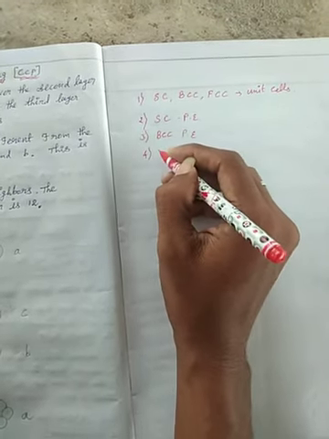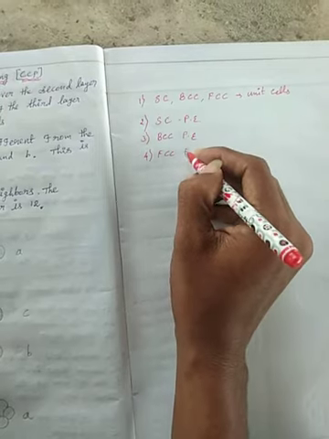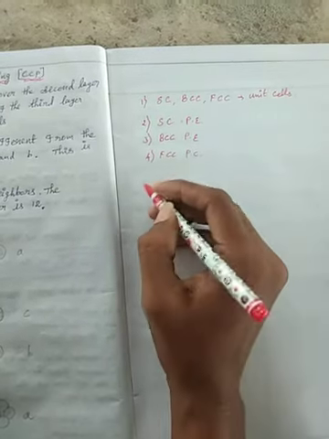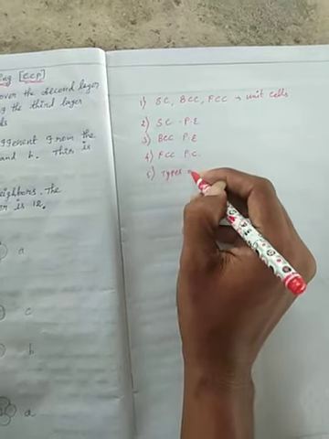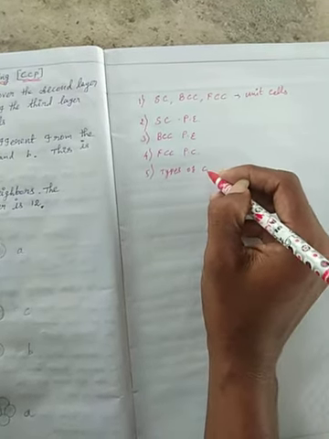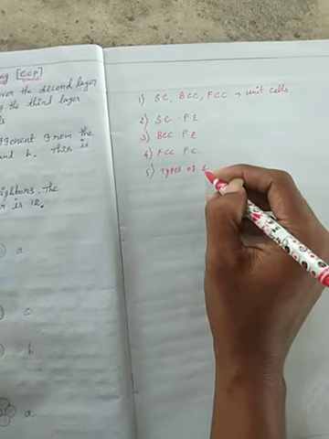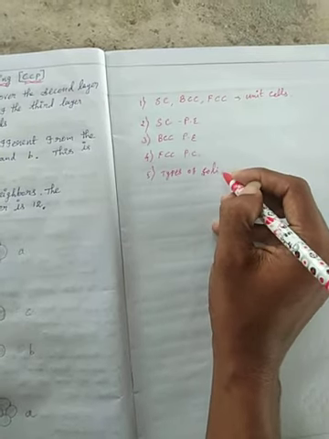Fourth: face centered cubic packing efficiency. And fifth: types of crystals or solids.